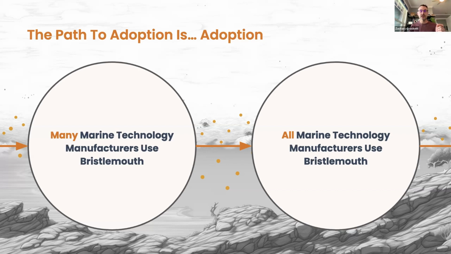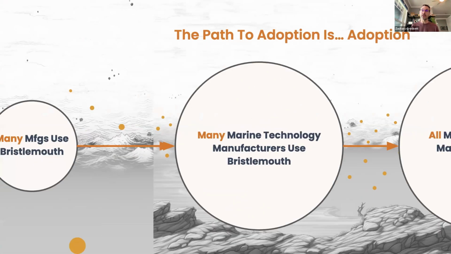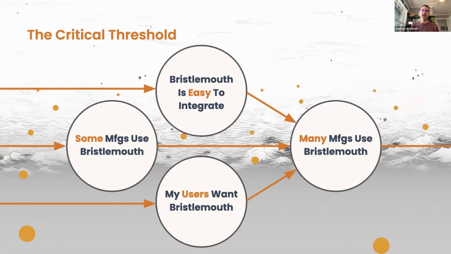But there is actually a critical threshold before that, before you can get to many companies building Bristlemouth things. To go from, okay, some people do it, to many companies do this, there are a couple of levers that really will drive the adoption and build this ecosystem. One is the user and customer sales pull.